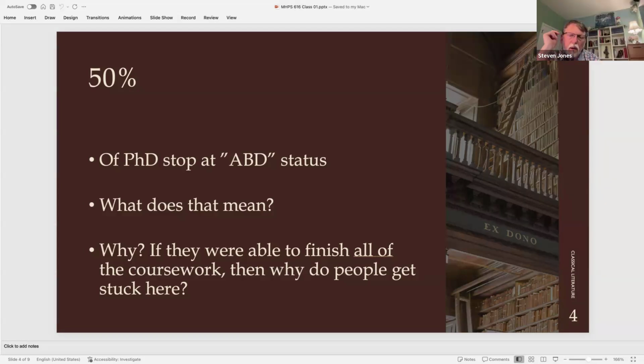I would say that everything everybody said as far as the solo journey of it is definitely one thing that I've heard from lots of people that were ABD. I also think, though, that you're not only doing self-management, but you're also managing relationships. There are many people that I've talked to that didn't complete because they had a bad relationship with the primary investigator, or whoever their dissertation committee chair was.